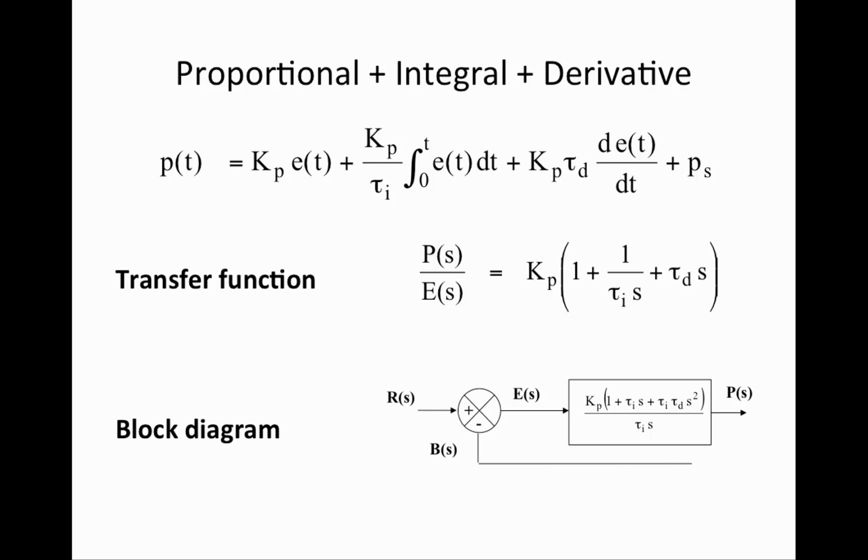The transfer function is PS over ES equals Kp times 1, which is from the proportional control, plus 1 over tau I S, which is from integral control, and finally plus tau D S, which is from derivative control. And the block diagram is shown in the lower right of this slide.